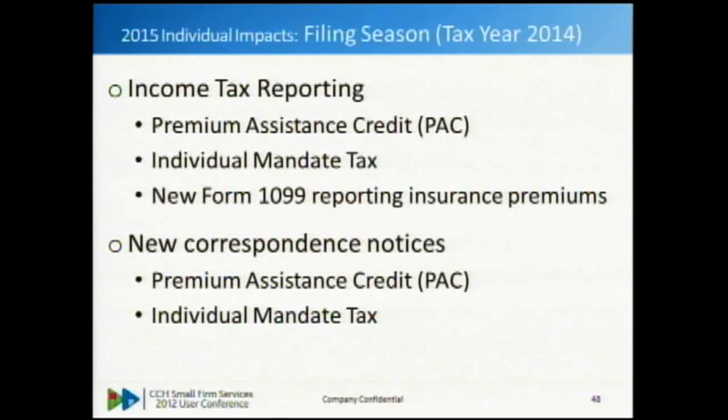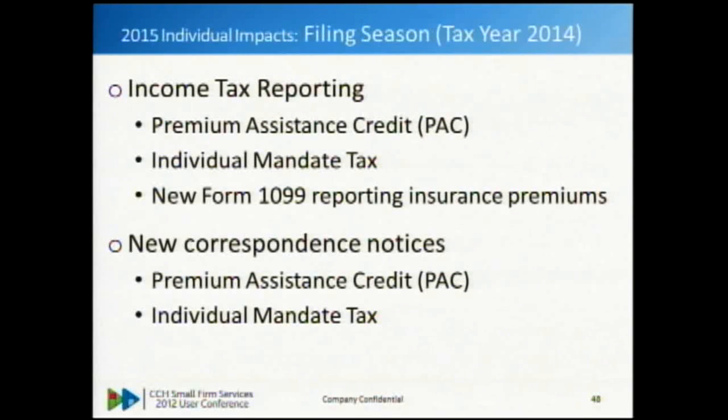Because this is going to hit your low-income taxpayers, those that like to come in early and get the process done and over with. You're going to have new correspondence notices. So all these touch points we're talking about with data going back and forth, IRS, HHS, the state exchanges, all of this information is being compiled and validated on the back end, so one database. So the IRS is going to be able to do matching on the amount of premium assistance credits.